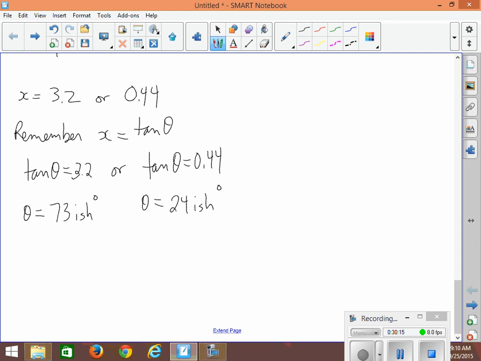We have two answers, and we have to figure out which one is correct. Well, it turns out that they are both correct. And the reason is, if you have a projectile, you'll recall that the maximum range you can get is if you fire the projectile at 45 degrees.